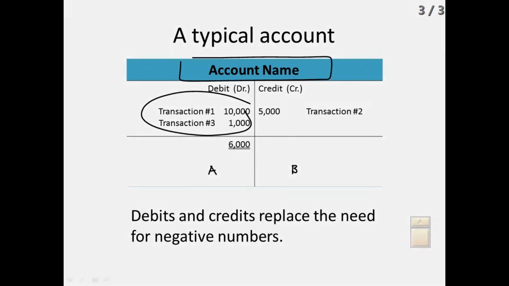But look at this particular account. If you had to guess, take your best guess, what kind of account would you think this is? An asset, a liability, or owner's equity? Yes. Why?